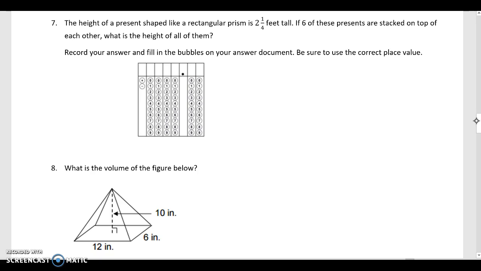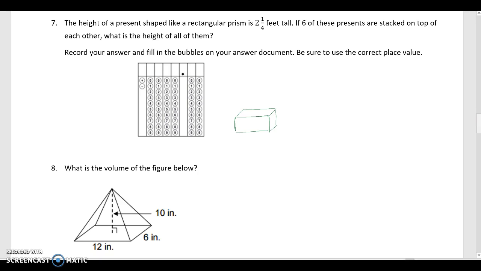Number 7, the height of a present shaped like a rectangular prism is 2 1/4 feet tall. If 6 of these presents are stacked on top of each other, what is the height of all of them? Okay, so we have a present that's a rectangular prism. So it looks like this. Essentially, it's a box.